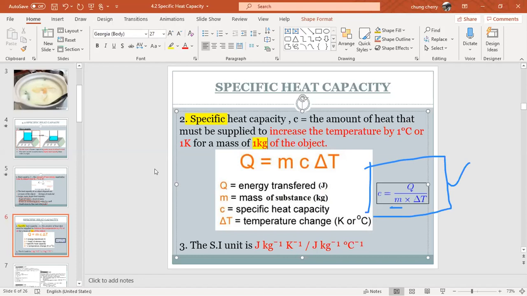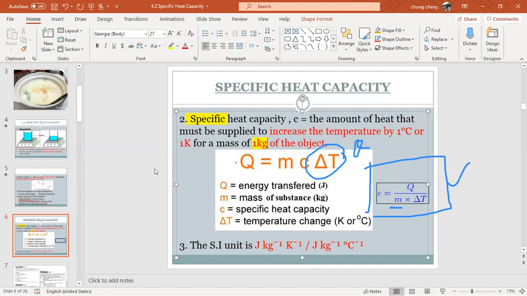Here Q equals m c triangle T. This T is the change in temperature. Sometimes I will use this theta to represent it. Then the mass is in kg, and the c is the specific heat capacity.